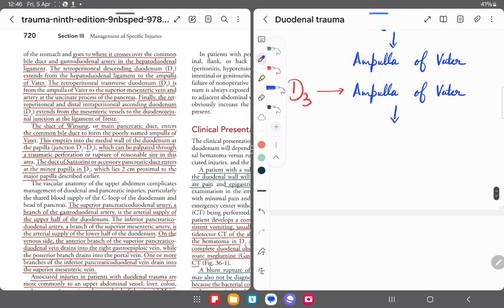Superior mesenteric vein and superior mesenteric artery at uncinate process of pancreas. This is D3.